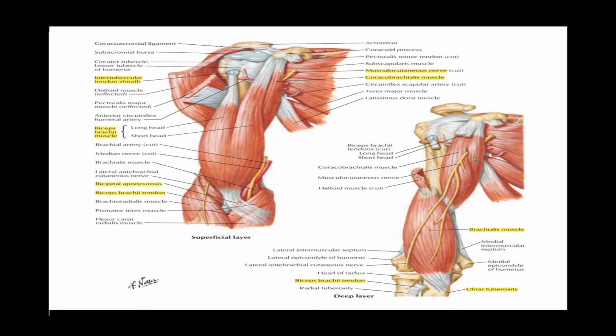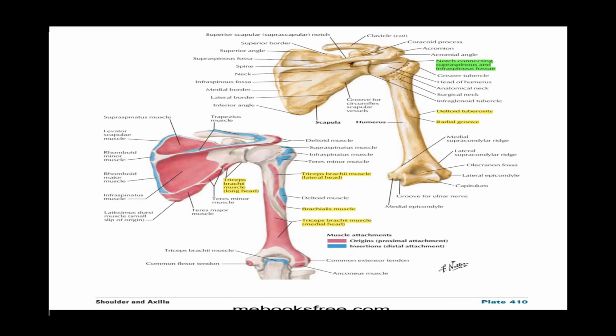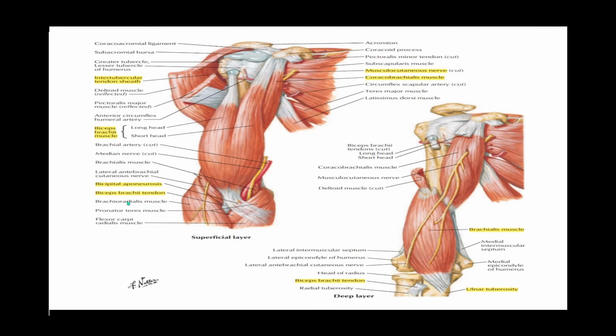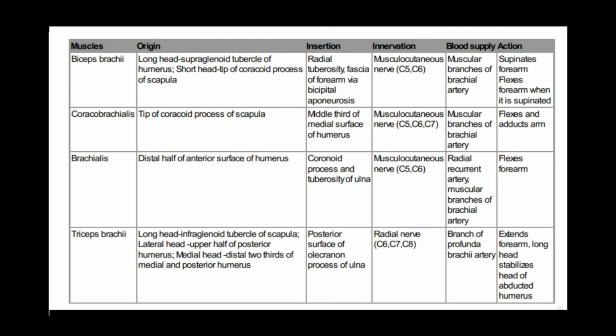Nerve supply: musculocutaneous nerve, C5, C6, C7, one of the terminal branches of the brachial plexus. We can confidently say the musculocutaneous nerve innervates the muscles of the anterior compartment of the arm. Let's go to the posterior compartment of the arm.